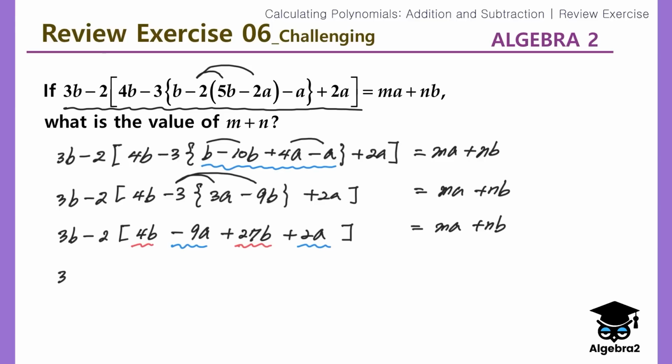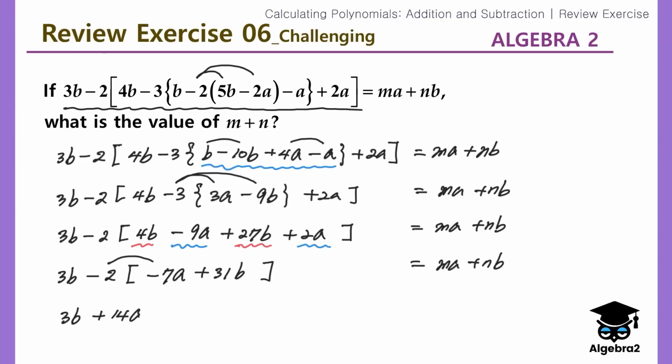So that's going to be 3b minus 2. Negative 9 plus 2, that's negative 7a, plus 4 plus 27, that's 31b. So that is equal to ma plus nb. So 3b, negative 2 times negative 7a, that's plus 14a.